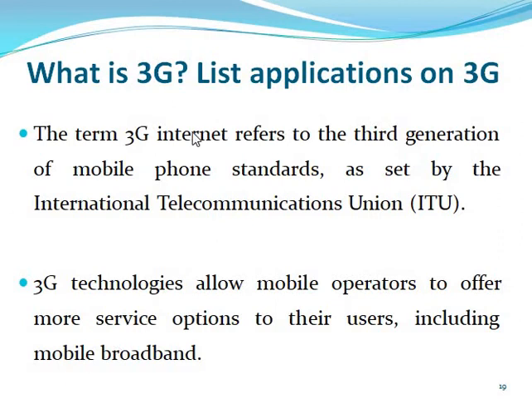The term 3G refers to the third generation of mobile phone standards of the International Telecommunication Union. So what is ITU? This is an important word, the short form of International Telecommunication Union, for network communication. 3G is the third generation mobile standard. 3G technology allows mobile operators to offer more service options to the user, including mobile broadband.